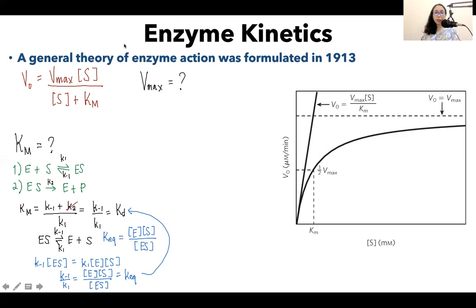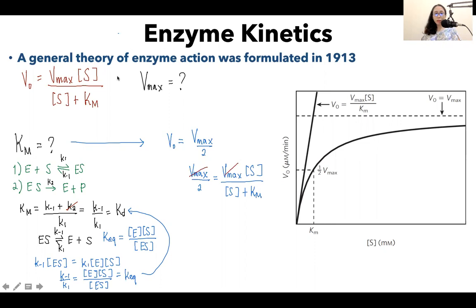So the more general definition for the Michaelis-Menten constant is if we take this condition wherein the initial velocity is half of the Vmax and substitute this to our original equation, we have Vmax over 2 equals Vmax times S over S plus Km. So we can cancel out Vmax.